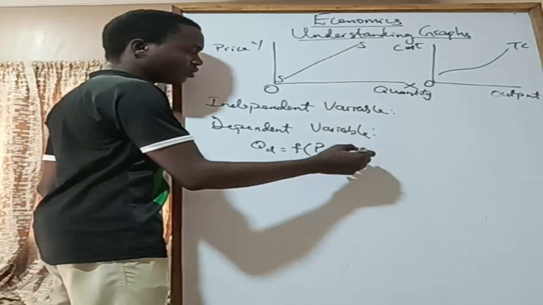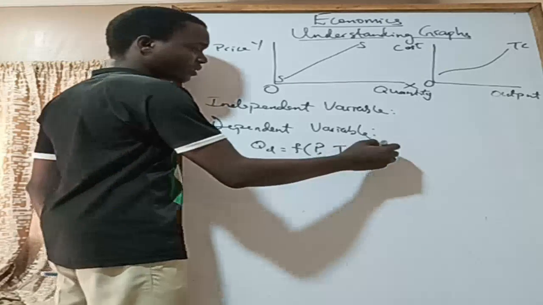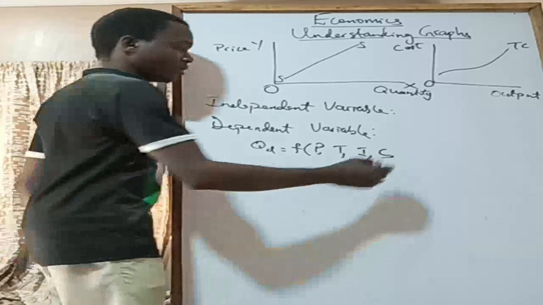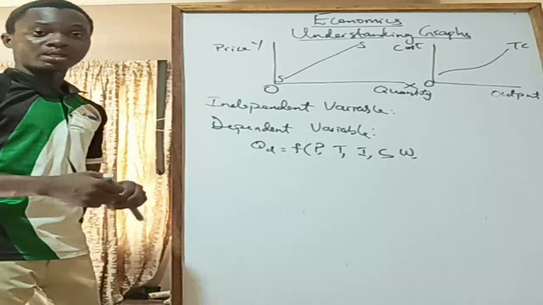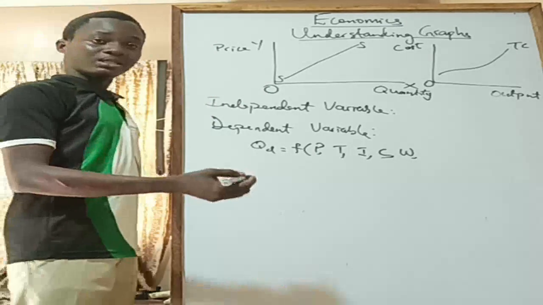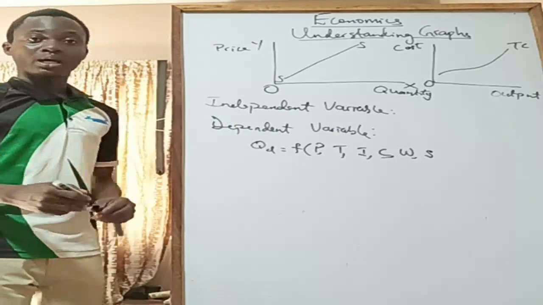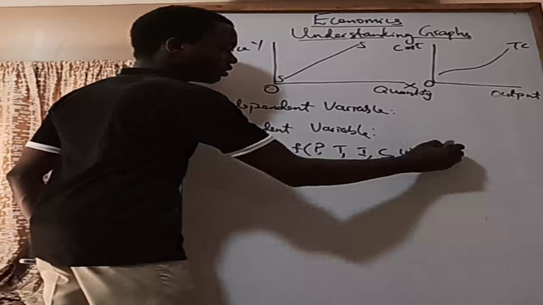Then after taste, you look at my income. Then what about convenience? How convenient is it for me to buy it? Then you have weather, in case it is a seasonal product, maybe umbrellas. Then you have season, maybe Christmas time or Ramadan time. And then price of a related commodity.